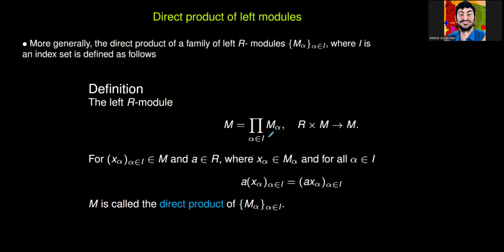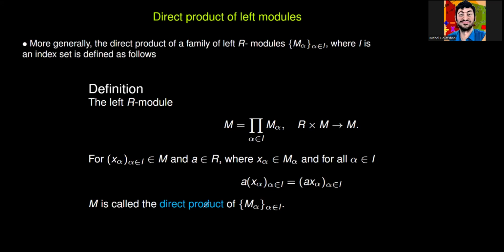So this is typically an element of M, and if you take any element a in R and look at the scalar multiplication of a with this element, as in matrices, it is a times x_alpha, defined like this.